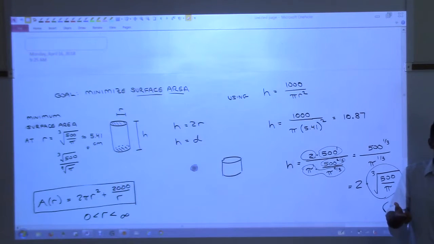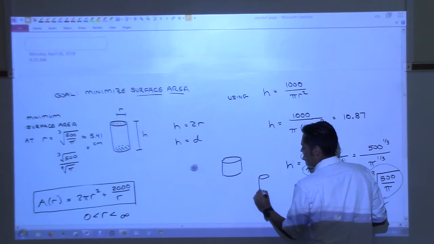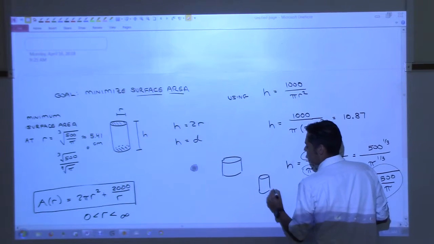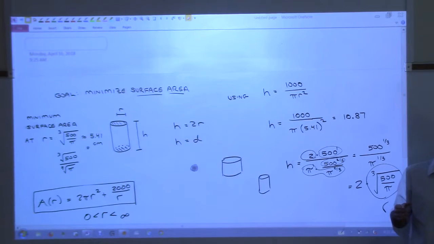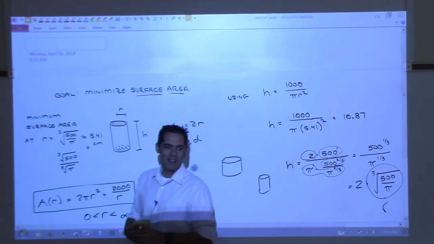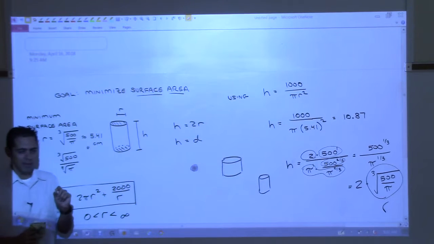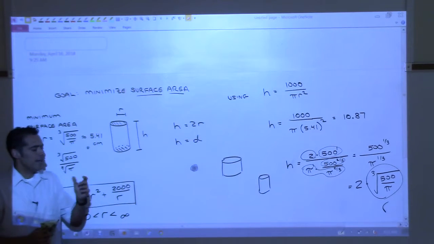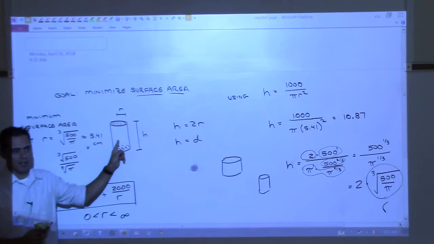Now, you take a look at a soda can, right? Your soda can is definitely not diameter equals height, right? And there's probably a couple of reasons for that. One of them is, it would be weird in your hand. But I guarantee that there is an optimum solution used in the development of a can, because soda cans are not the same type of cylinder that we have here, right?